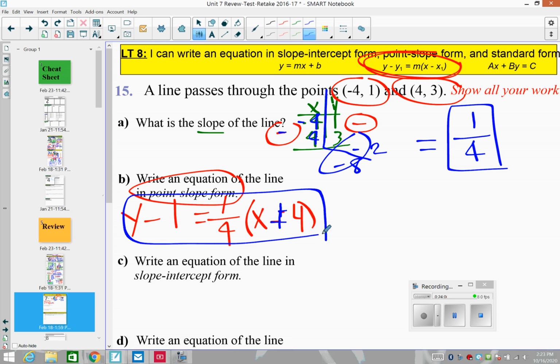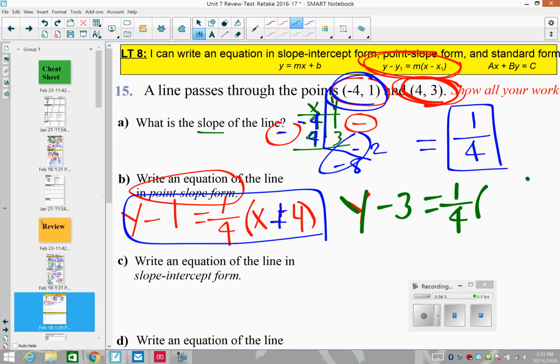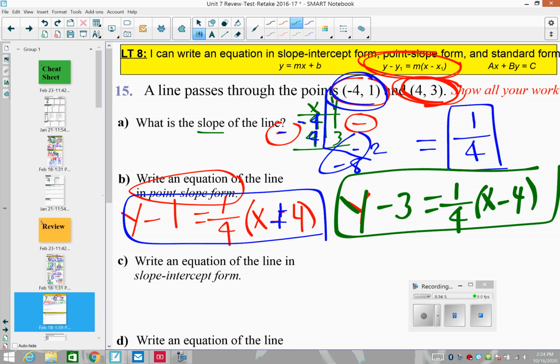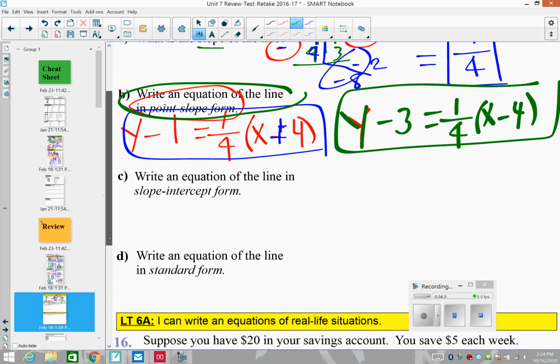And that was using this coordinate right here. Option 2 will be written in green using this coordinate, would be y minus 3 is equal to 1/4 times x minus 4. Because remember, that means opposite of those. So either the blue box or the green box is good for the point slope equation.